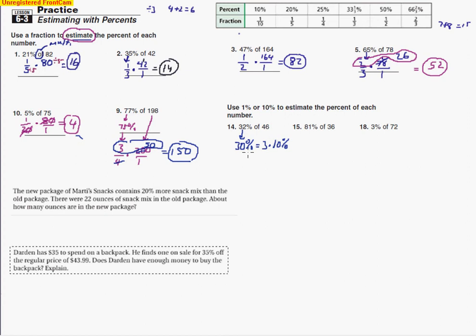So what we're going to do is we're going to take 10% of a number. And it's so easy taking 10% of a number because the numbers don't change. It's just the decimal point that changes. So let's just see how that ends up working. 10% is the same thing as 0.1. And if we took 46 times by 0.1, look what happens.